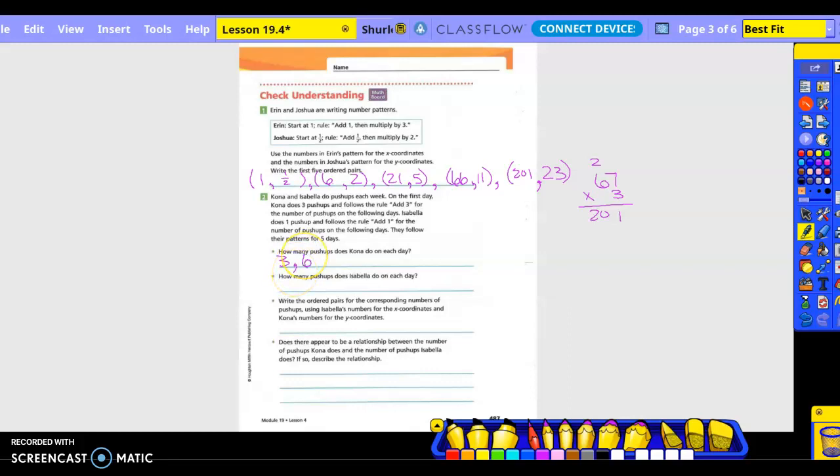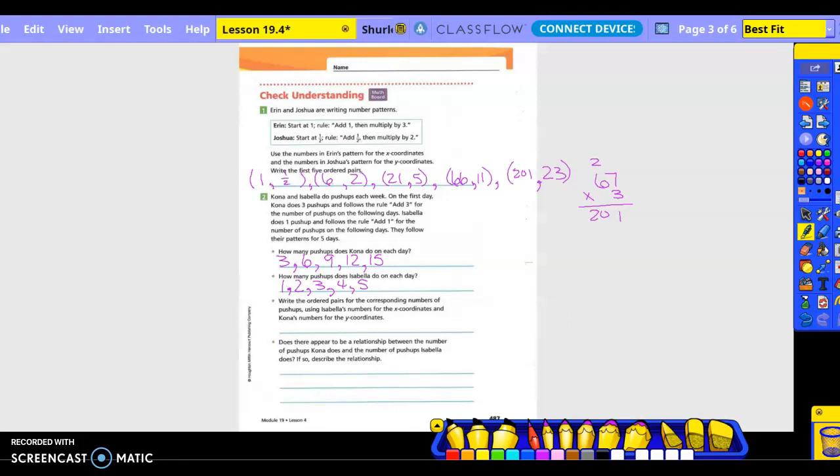So 3, 6, what's next? 9, 12, 15. So do we have enough? Okay. Then Isabella starts with 1, and then what's her rule? Add 1. So 1, 2, 3, 4, and 5.